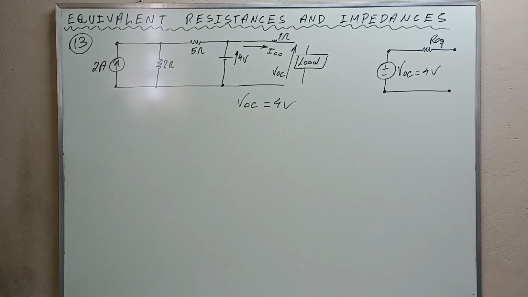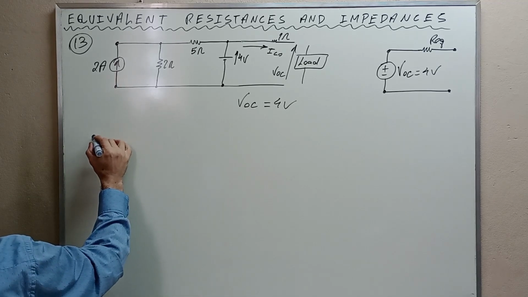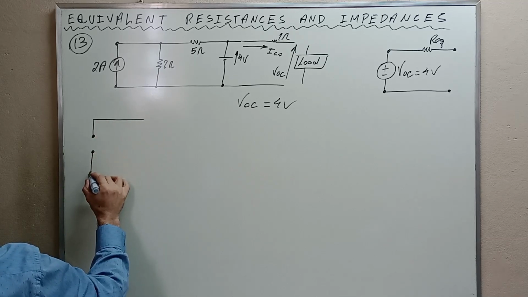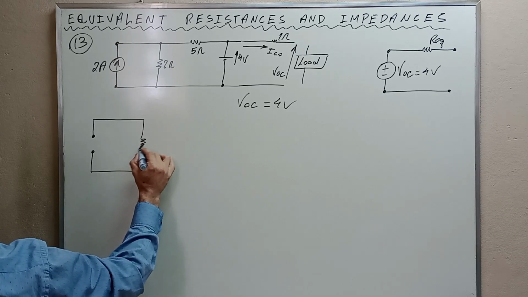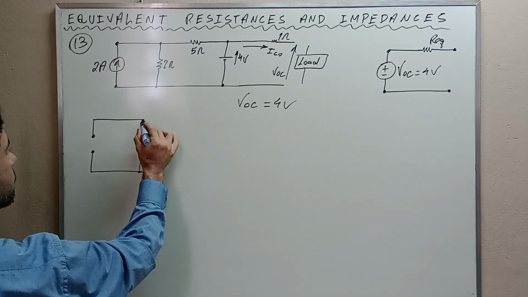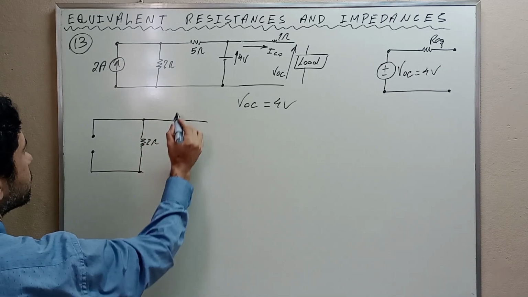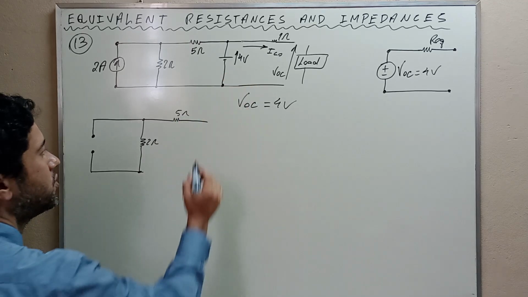In this way, with the sources set to 0, this will become an open circuit. And this becomes a short circuit.